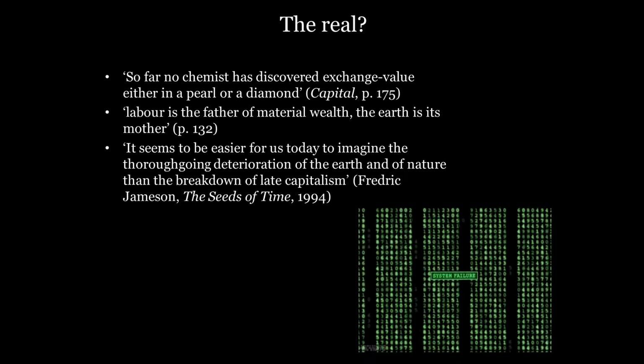So actually, Jameson's quotation is kind of a joke, because really the opposite is true. You can't have capitalism without the world, and if you want to continue despoiling the world at the current rate, you need to find another planet to live on, because this planet materially, ecologically cannot sustain it.